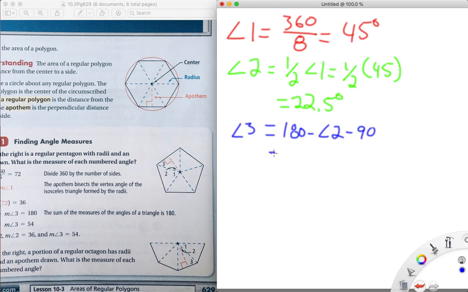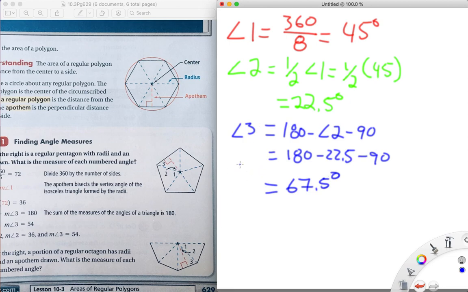So it's going to be 180 minus 22.5 minus 90 degrees, which gives me 67.5 degrees.